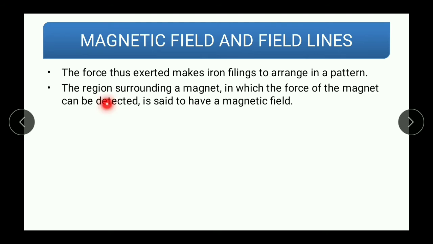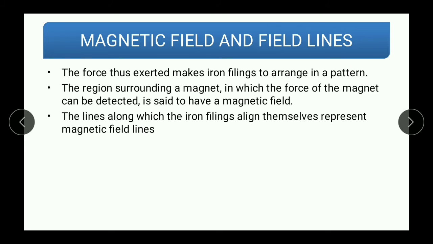The region surrounding a magnet in which the force of the magnet can be detected is said to have a magnetic field. Then the lines along which the iron filings align themselves represent magnetic field lines.